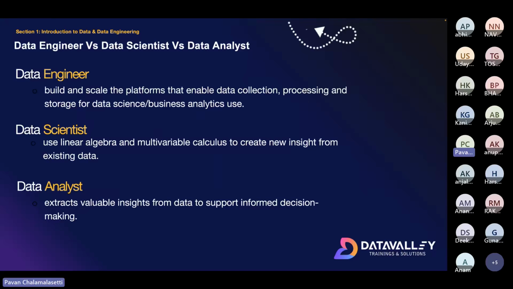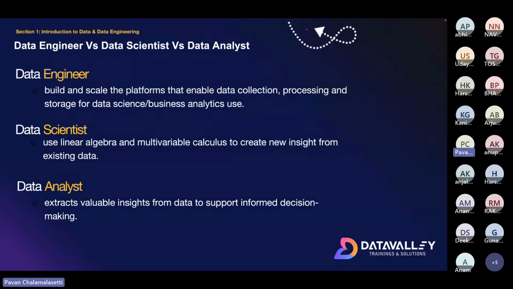Because it's data engineering, you might be wondering what the difference is between a data engineer and a data scientist. And you must have also heard somebody talking about a data analyst. You might think, I heard somebody say data analyst, somebody say data engineer, someone say data scientist. What is the difference? The key difference is that a data engineer is someone who takes the data in its raw format, who collects the data.